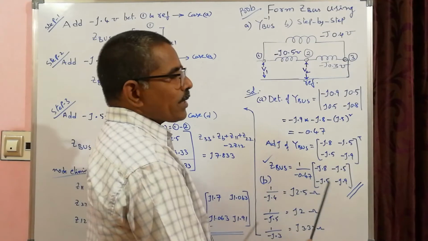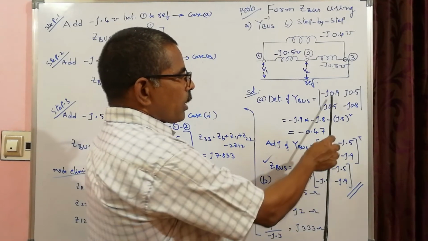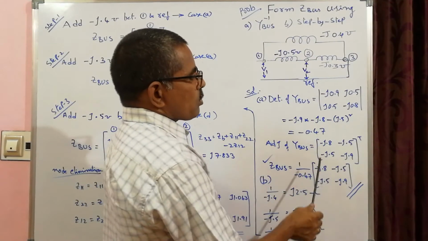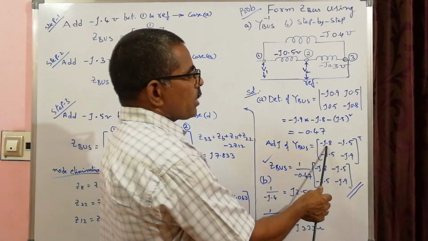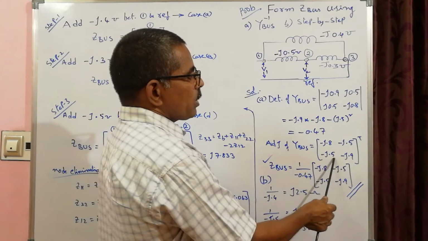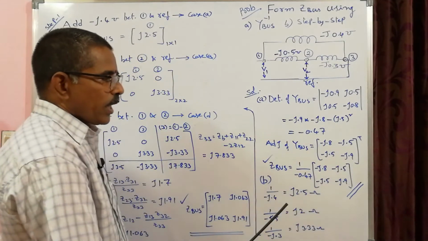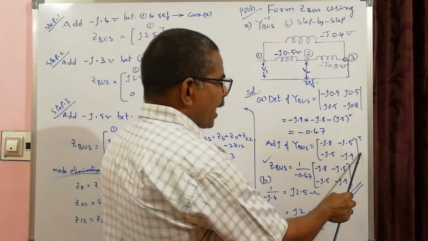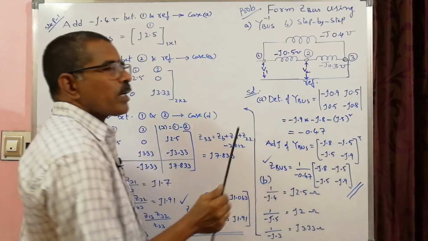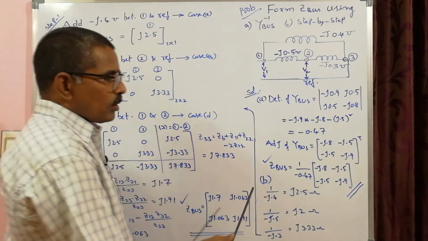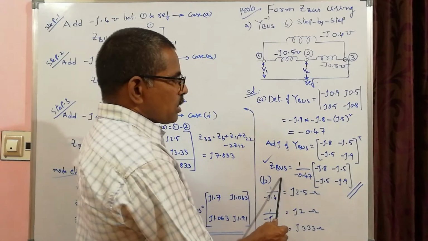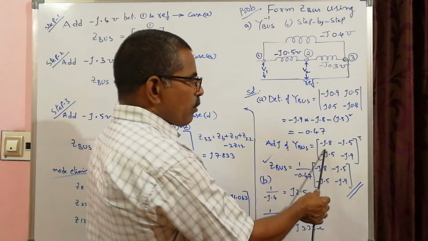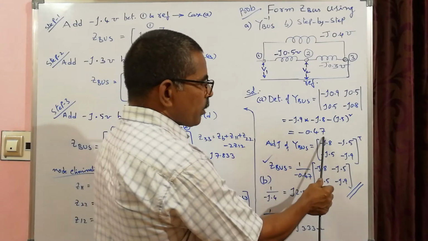And the adjoint of Y bus, you know how to evaluate the adjoint. You need to take the cofactors and then transpose. The cofactors are minus J 0.8, minus J 0.5, minus J 0.5, minus J 0.9, and this is to be transposed for getting the adjoint of Y bus, okay. So, Z bus is the adjoint of Y bus divided by the determinant of Y bus.